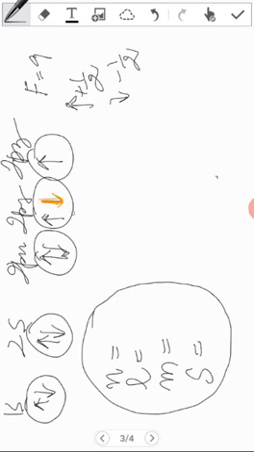Suppose I have to find the value of this set for the electron in orange color. First of all, in what main shell is this electron coming? It is coming in the second main shell, so n is equal to 2. This electron is in p.